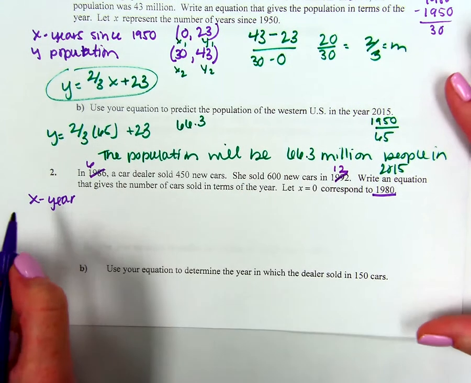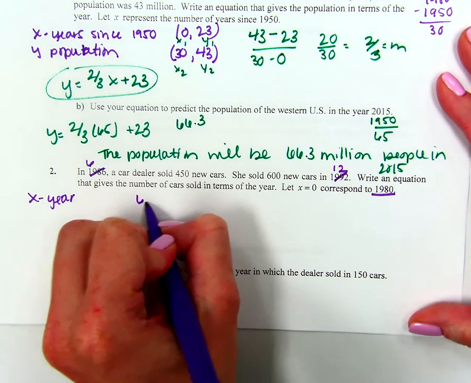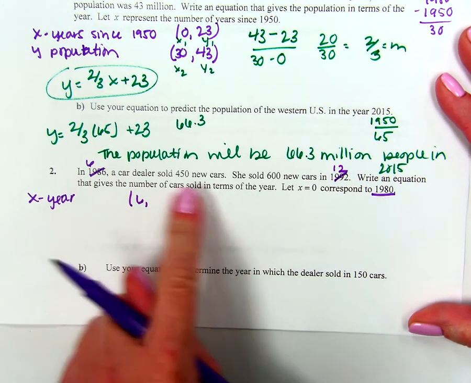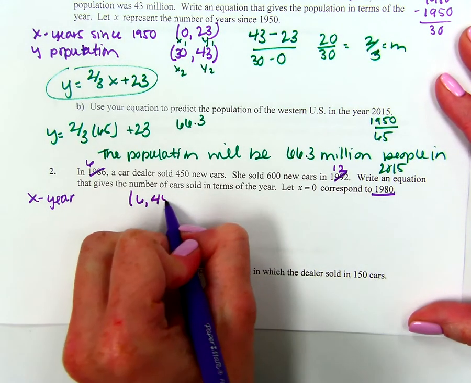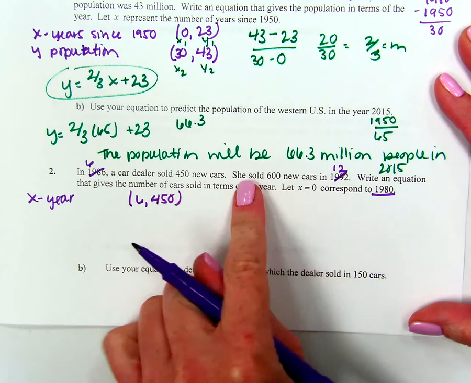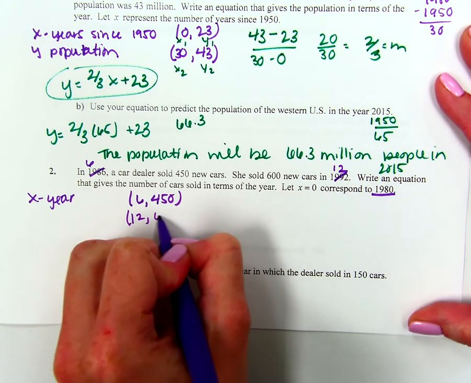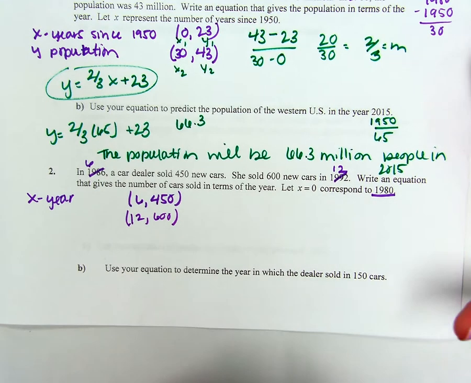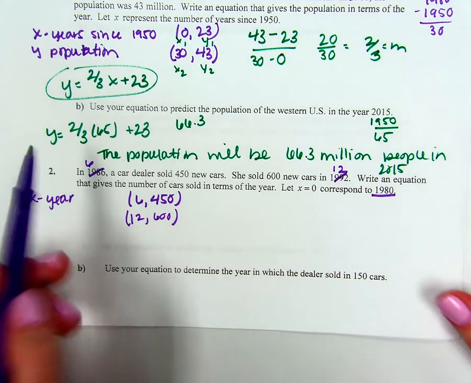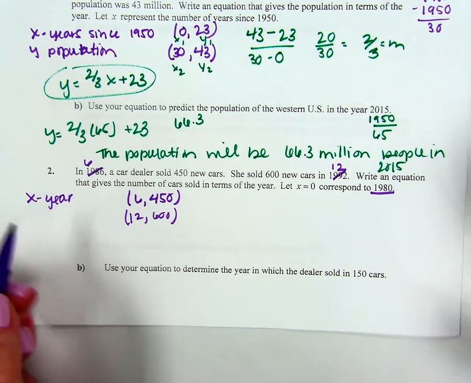So I'm going to write out my 2 points. So I have 6 as my x value of my year, and my y is 450. And then I'm going to look at my second sentence. 12 is my x, and 600 is my y. So here I need to figure out my slope. So I'm going to do the same thing I did above.